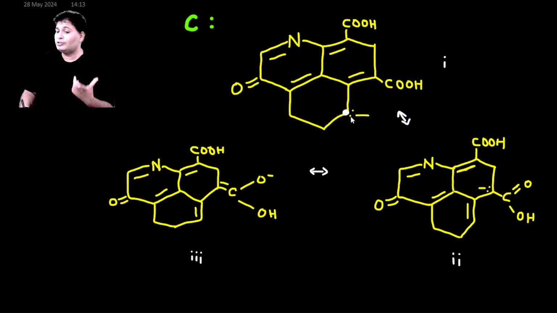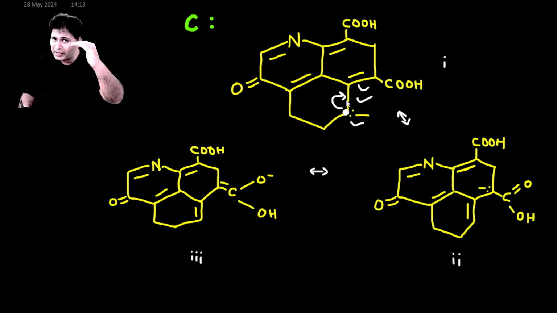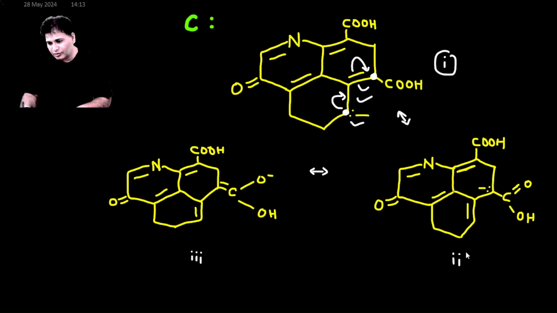For that you have to see the conjugation, and you have found the conjugation, mind you, how? Minus single double. Okay, so you will float these electrons one position ahead to make a new pi bond, and simultaneously these pi bonds are going to sit on this particular carbon, and this will get a lone pair and a minus charge. So from the structure 1, I have drawn the structure 2.